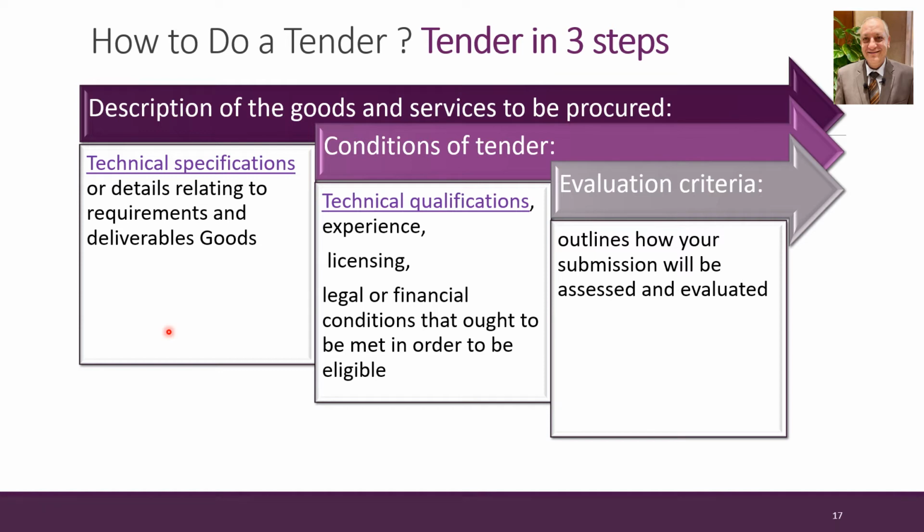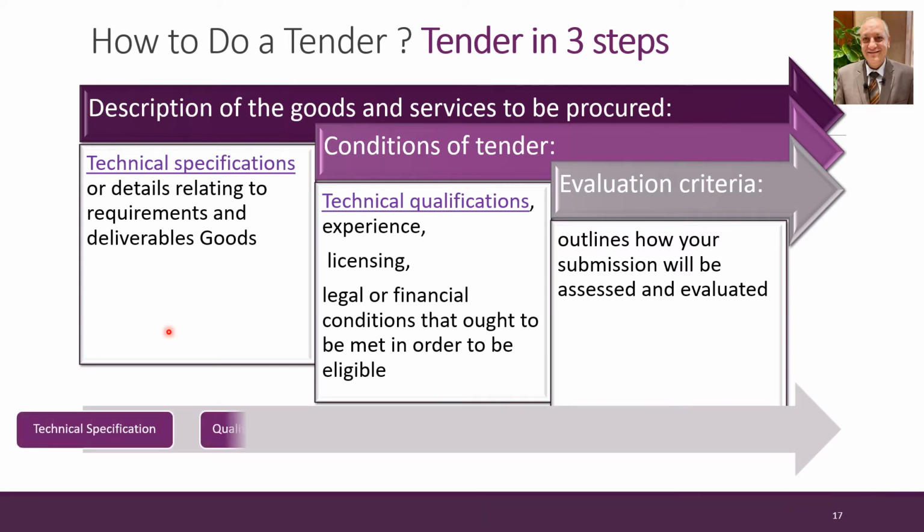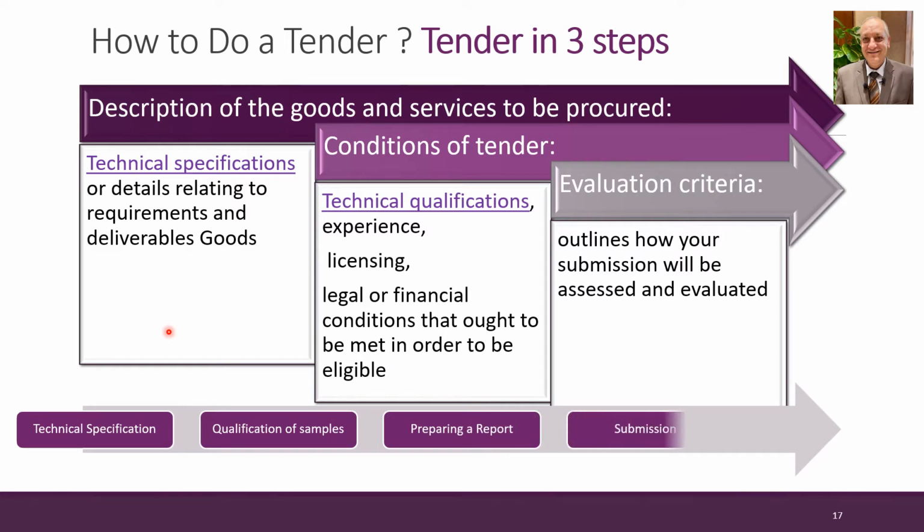For example, in case of anemia, how many patients reach the target hemoglobin. So technical specification, qualifications of the samples, preparing a report and submission before going for tendering and purchasing.